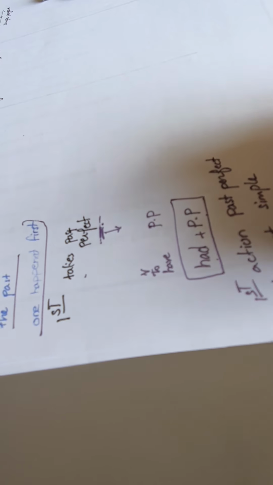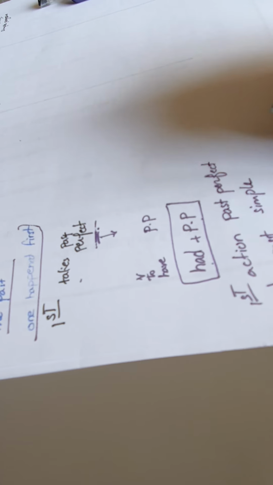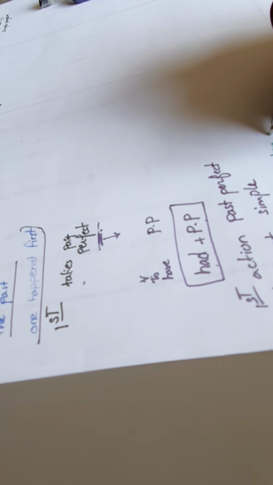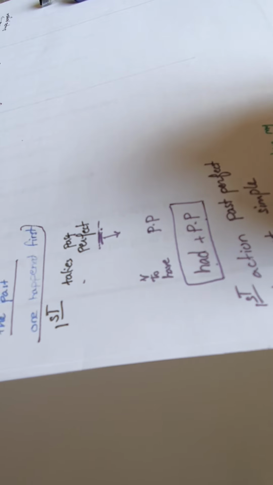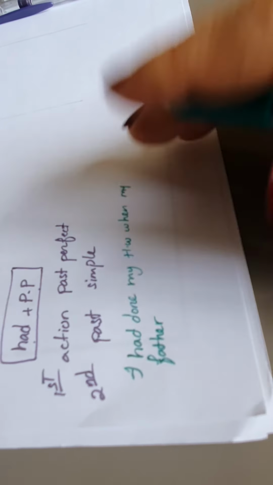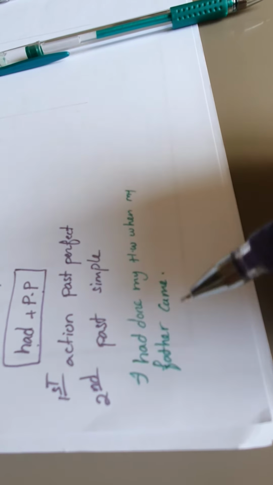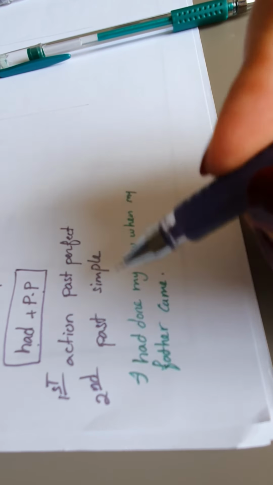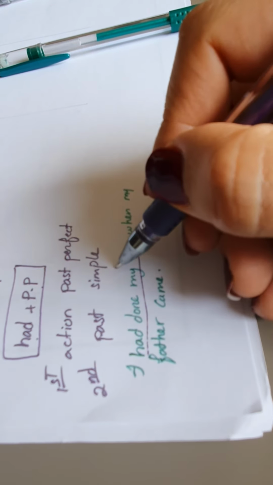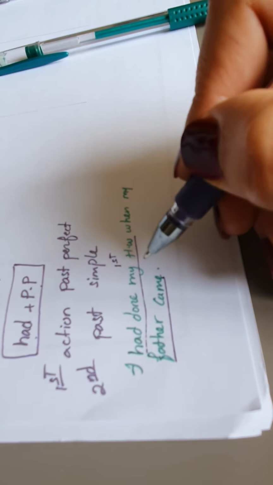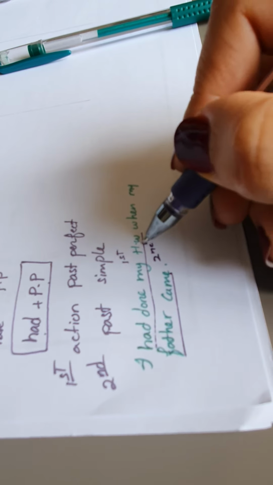I had done my homework when my father came. What happened first? His father came, or he had done his homework? He had done his homework. That's the first action. Father came, second action.